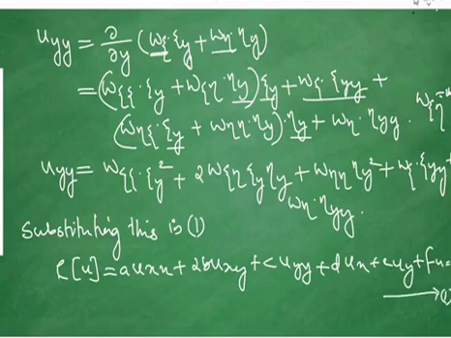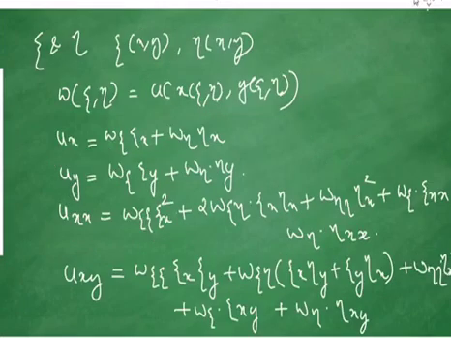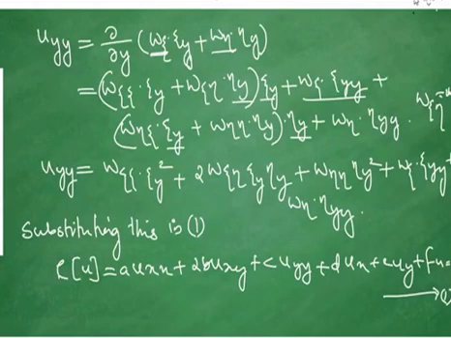So substituting this in equation number 1, the equation transforms to an equation in w, and instead of x and y, we will get it as a function of theta and eta. Okay, so the transformed equation will be, we are applying the values of ux, uy, uxx, uxy, uyy in equation number 1 where it is needed.